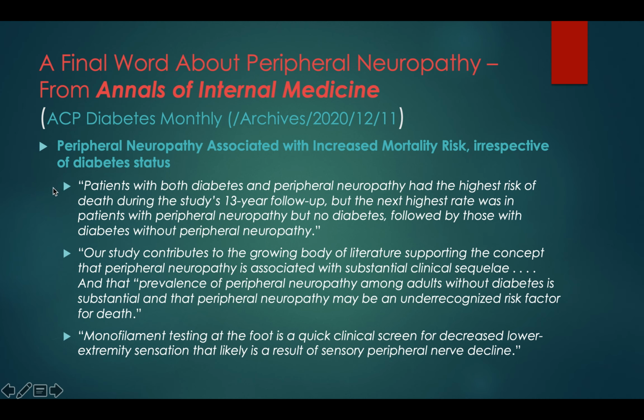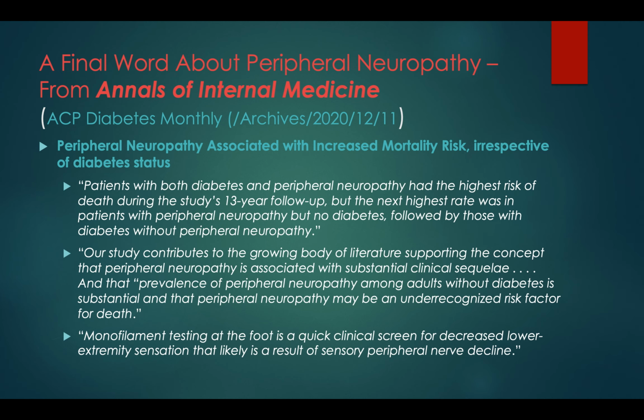So I've taken from that really interesting study a few key bullet points, quotes taken right from the article. I'm going to read the first one. Patients with both diabetes and peripheral neuropathy had the highest risk of death during the study's 13-year follow-up.